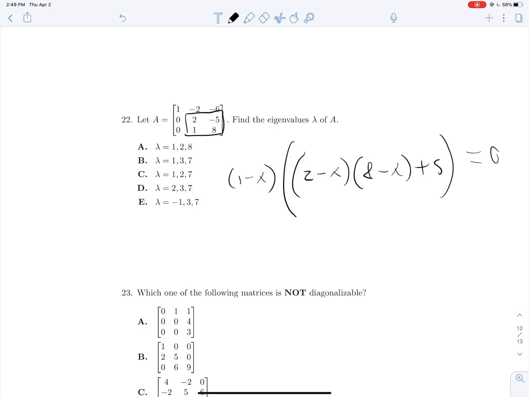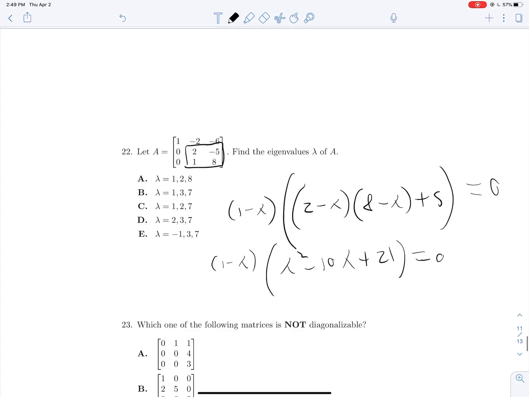And all of that is equal to 0. Expanding things a little bit, we have 1 minus lambda multiplied by lambda squared minus 10 lambda plus 16, plus 16 plus 5, which will give us plus 21, is equal to 0.